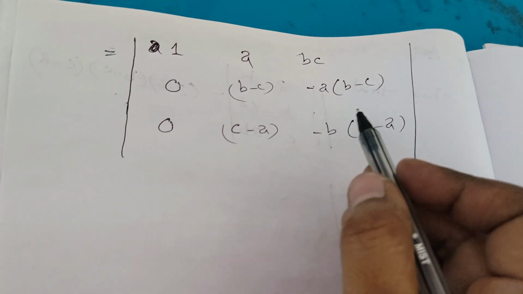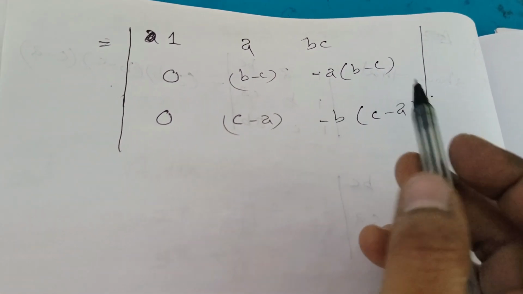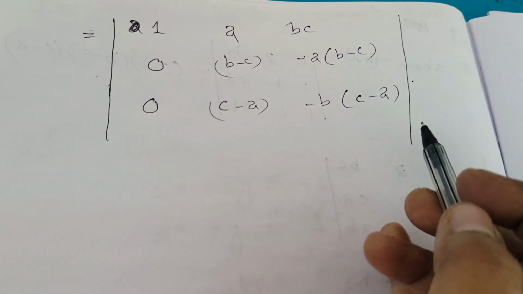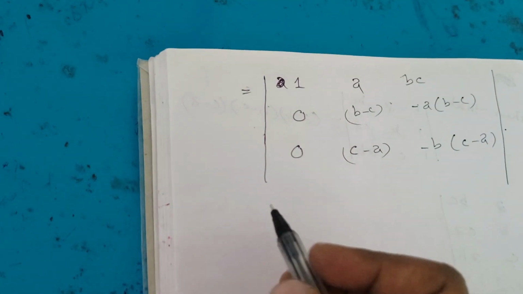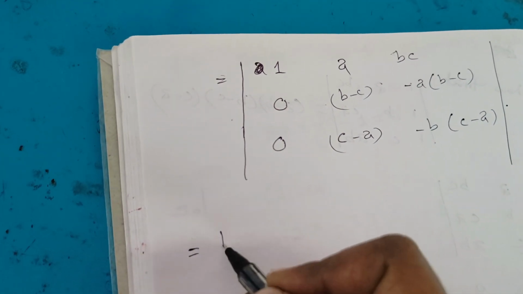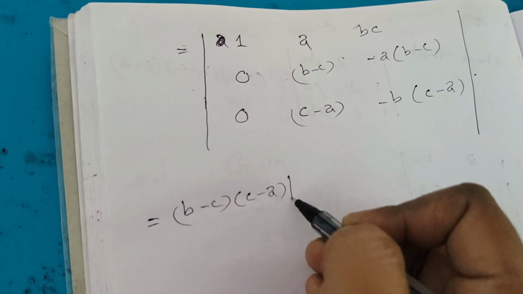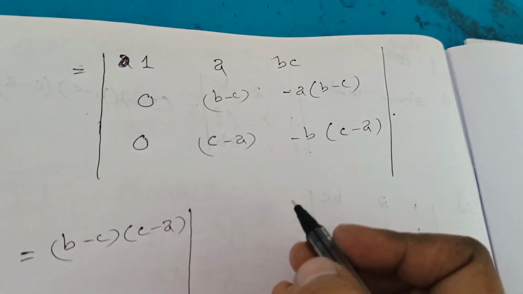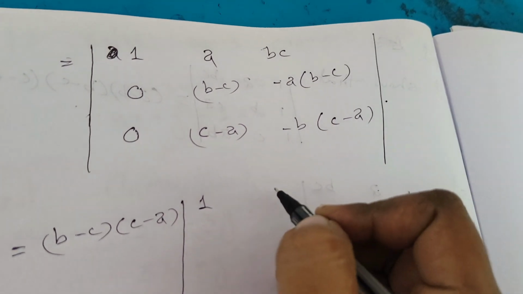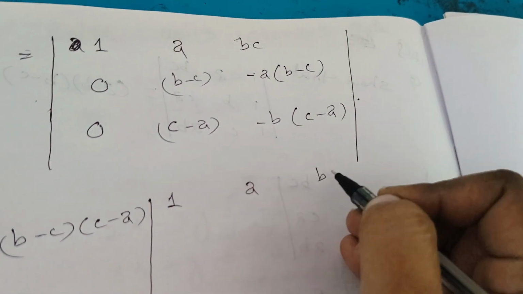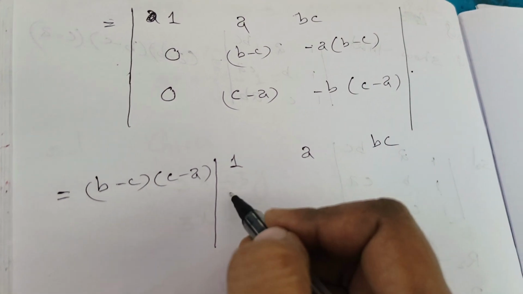So from the second row we can take b minus c common. From the third row we can take c minus a common. So we get b minus c and c minus a, we are taking outside. First row write as it is: 1, a, bc. Second row 0.